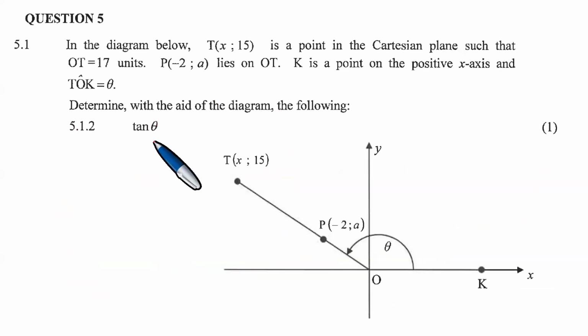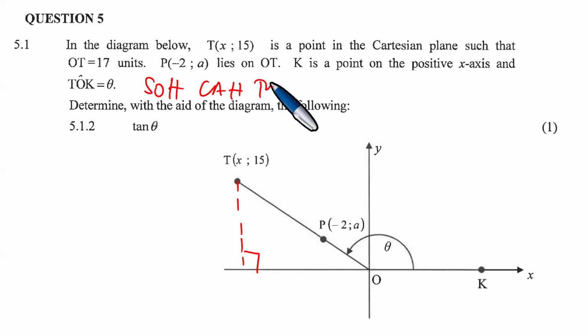In the next question, I want to find the tangent of theta. So now if this is the diagram we have, and we want to find the tangent of theta, we remember SOHCAHTOA.